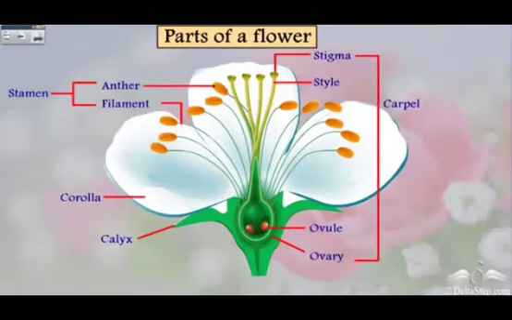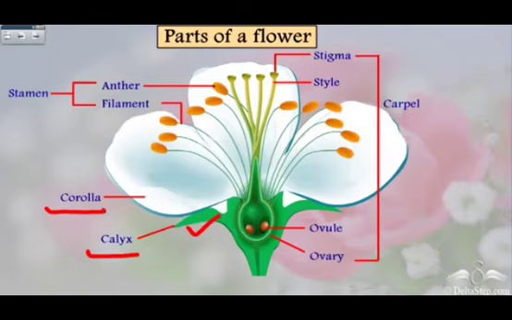So, let's revise what the parts of a flower are. First, the parts of the flower which are present on the outside are known as calyx, that is these green leaf-like structures, then the corolla, and then we have the two most important or essential parts of a flower, that is the androecium and the gynoecium.